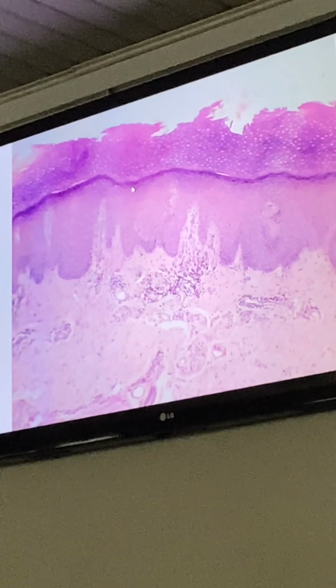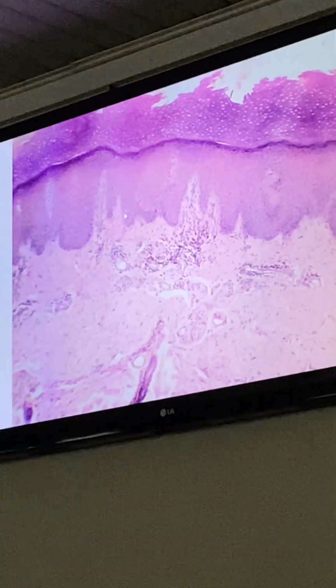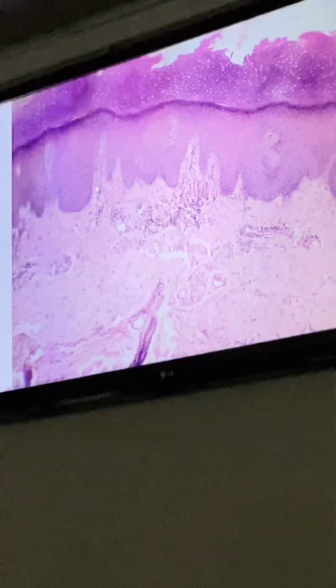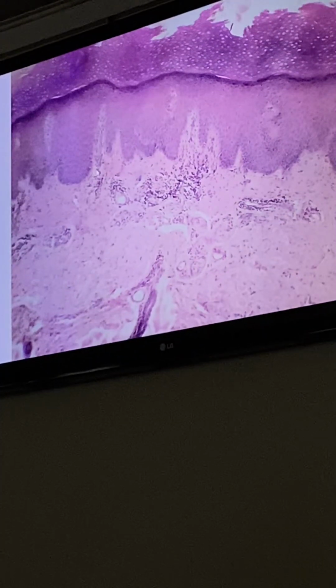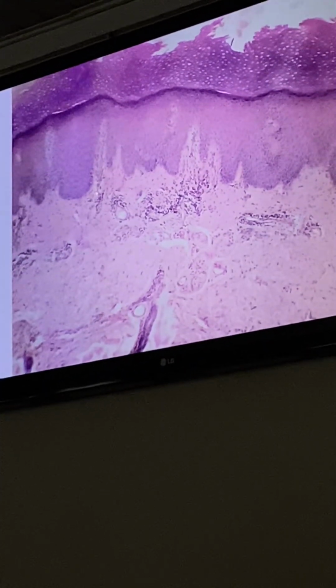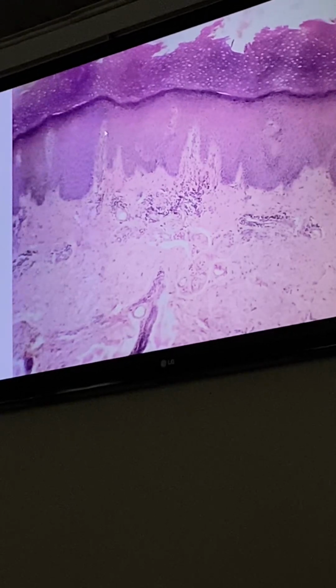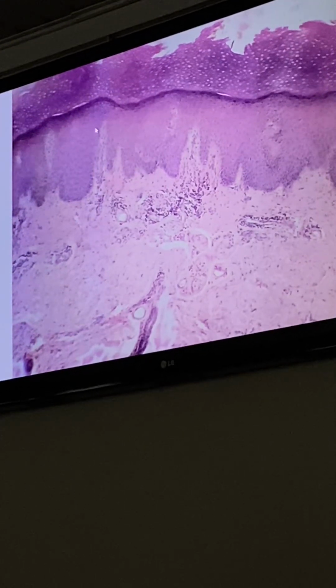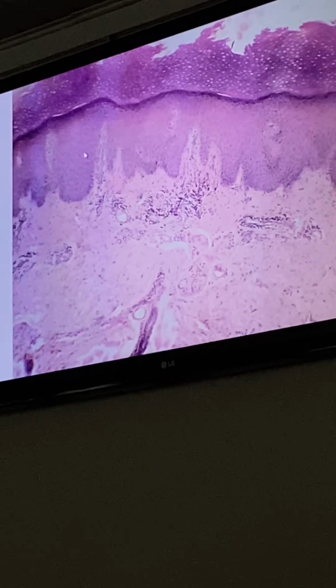The dermis is divided into sublayers. Dermal papillae are like projections within the epidermis, while there is an invagination from the epidermis called epidermal ridge.